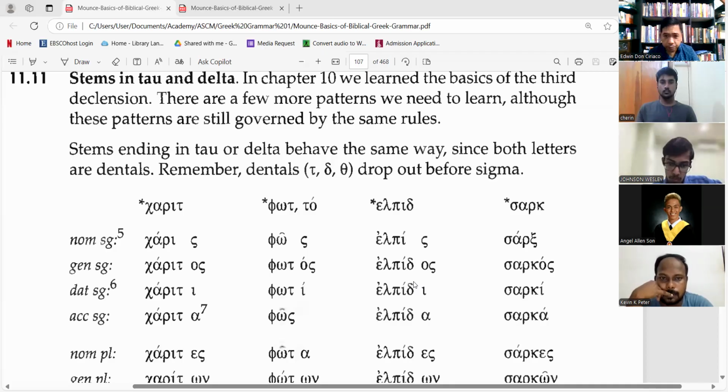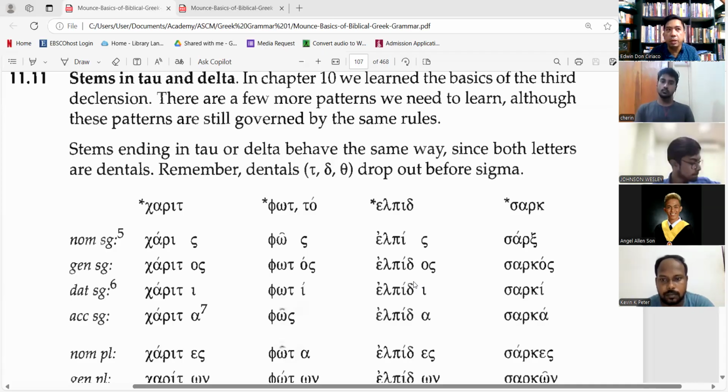But remember that the delta is part of the root word which drops off when it is used in the nominative. That is why it's simply elpis, meaning hope in the nominative form. Elpis, elpidos, elpidi, elpida. These are the particularities that make Greek difficult, because the nominative form is different, and then the rest use a delta, similar to what we see here.